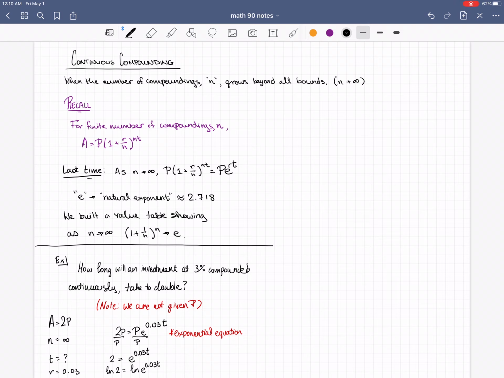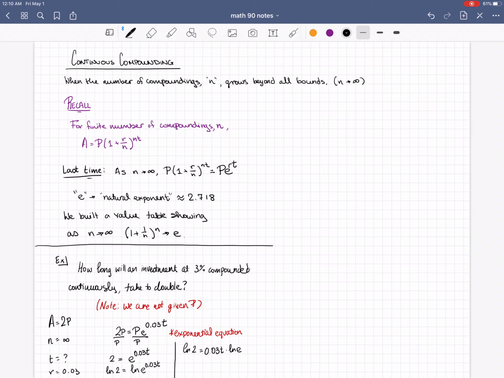Okay. And now check it out. By the properties of logarithms, this exponent is going to pop out to the front like so. So we have the natural log of 2 is equal to 0.03t times the natural log of e.